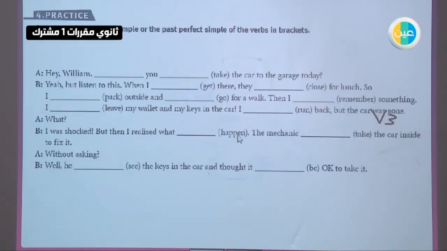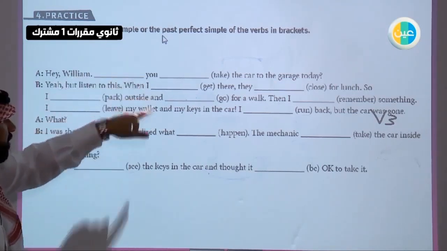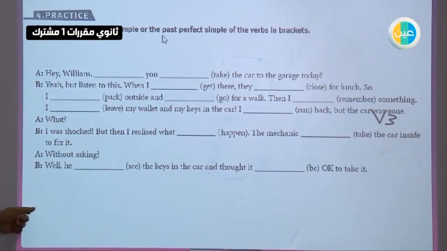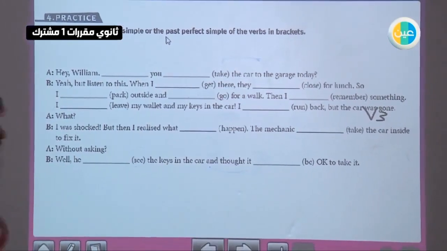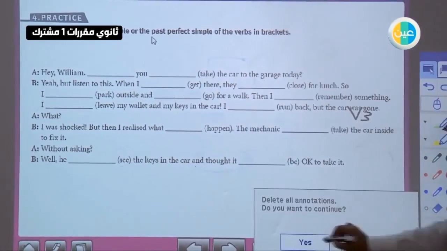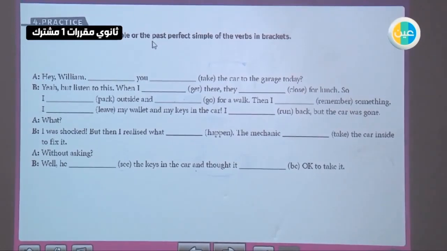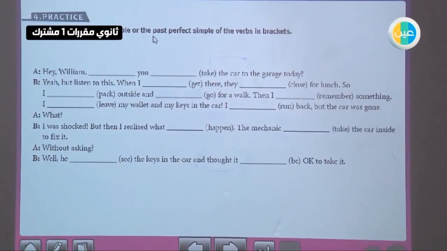Now we will move to the question. We have this question: complete with the past simple or the past perfect simple of the verbs in brackets. So you have two options, the past perfect simple or the past simple, to fill in these spaces. Take a moment, try to answer this question to apply what you learned. I will give you some time to think and answer.